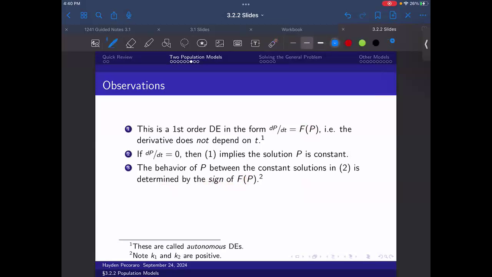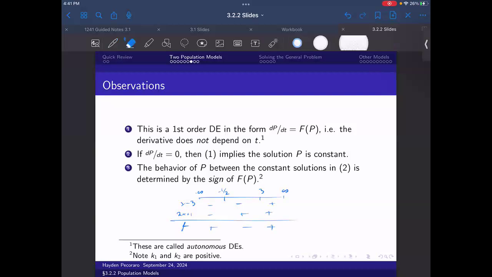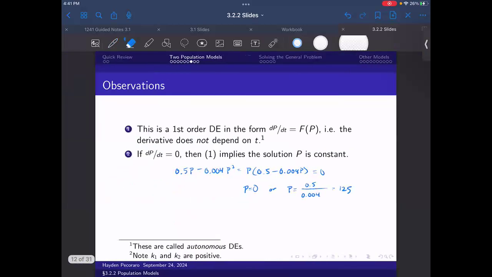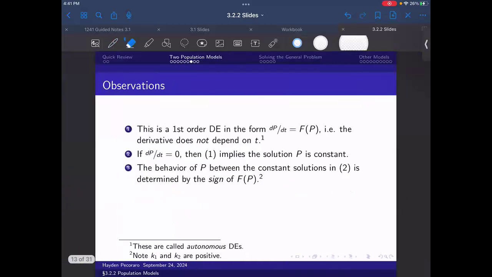You drew these tables where you say, okay, I've got x minus 3, 2x plus 1, and then I'd put 3 or minus 1/2, 3, and then infinity and minus infinity here. And say, all right, this is negative here, positive there, negative here, positive there, and so my function is positive, negative, positive, that sort of thing. Same thing happens here, only now we have p instead of t that we're doing this with.